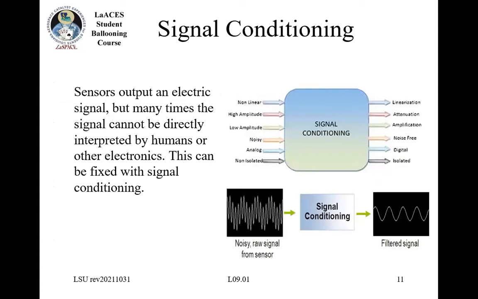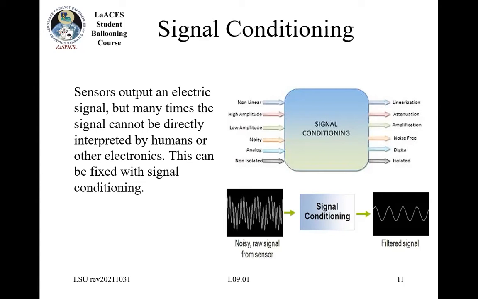With all of these sensors, you have some sort of raw output signal coming out of them. However, you usually have to do some sort of modification of that signal.